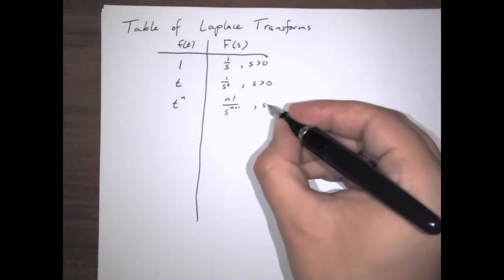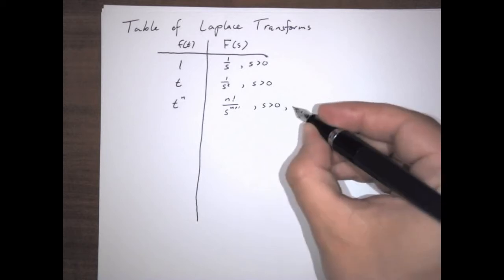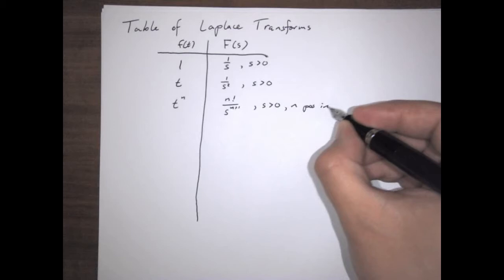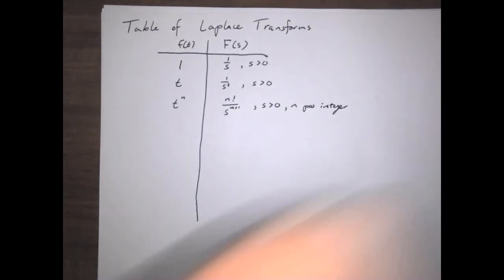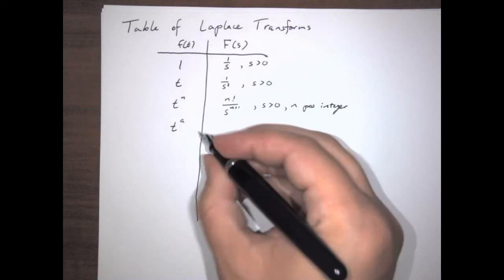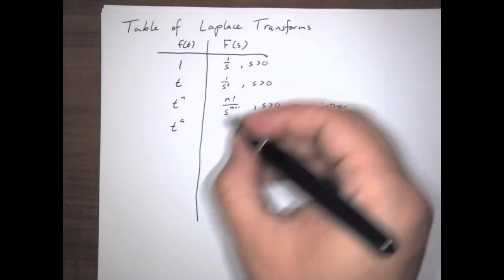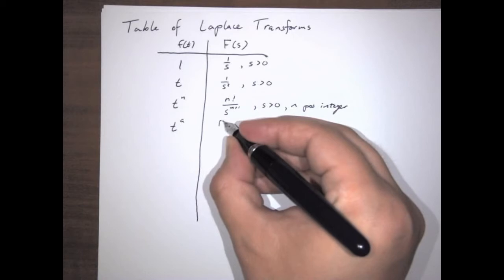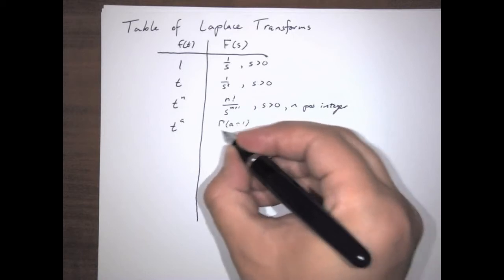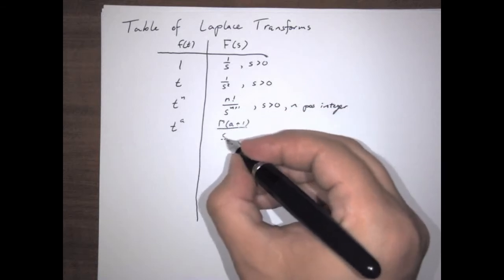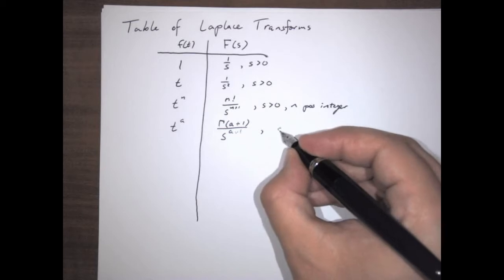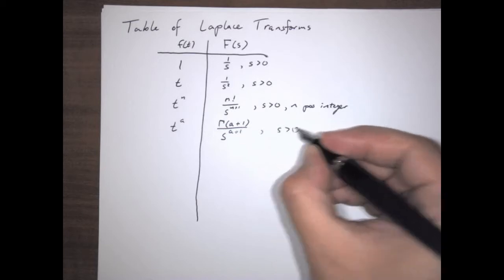This is s greater than 0 and n a positive integer. And then if we have something other than a positive integer, then what we use is the gamma function as a substitute for factorial. So gamma of a plus 1 over s to the a plus 1, and this is s greater than 0 still.